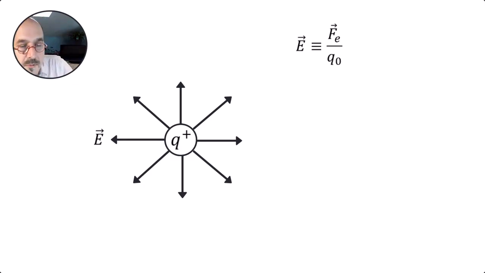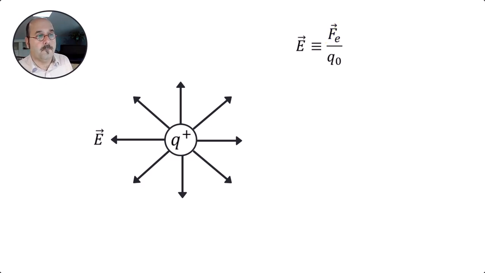So this Q0 is small in the sense that it's not going to contribute its own electric field to the distribution that you see coming from our Q+, our source charge. Again, that gets a little abstract and philosophical, but the reality is that we have no way of measuring the electric field itself. The electric field rather is inferred from the force exerted on charged objects in the vicinity of each other.